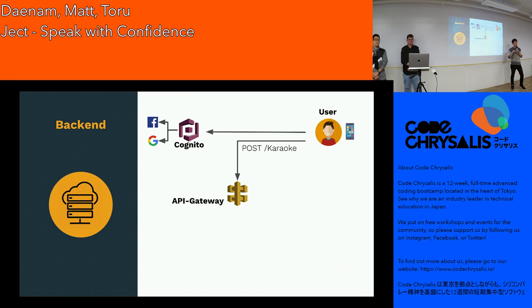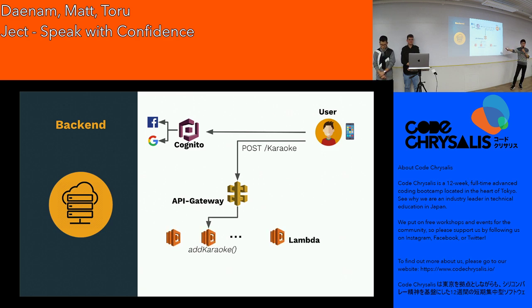API Gateway detects, okay, this is a POST request to karaoke, so let's fire this function on Lambda. And Lambda fires the add karaoke function, and saves data to the DynamoDB database. This is the basics of our backend.